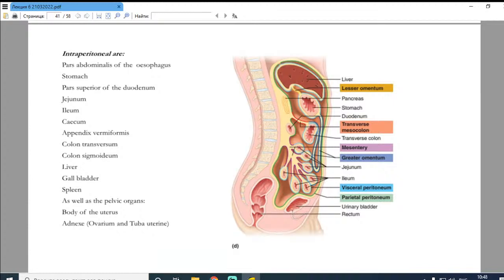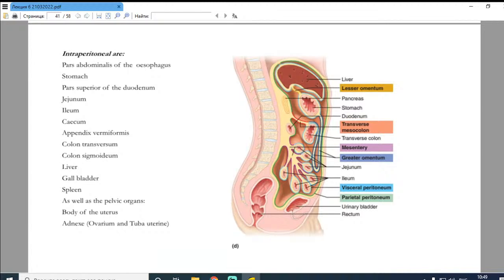Intraperitoneal are the pars abdominalis of the esophagus, stomach, pars superior of the duodenum, jejunum, ileum, cecum, appendix vermiformis, colon transversum, colon sigmoideum, liver, gallbladder, spleen, as well as pelvic organs: the body of the uterus, ovarium and tuba uterina.